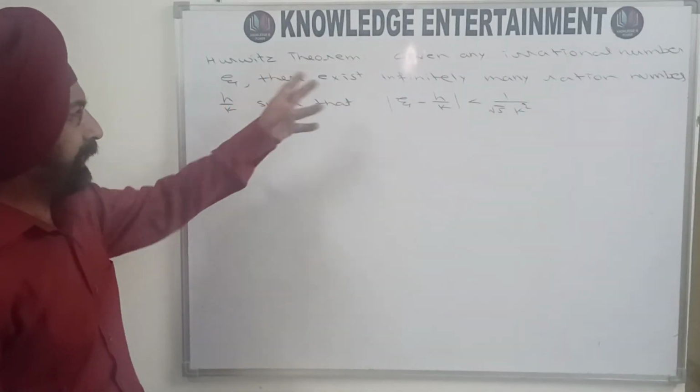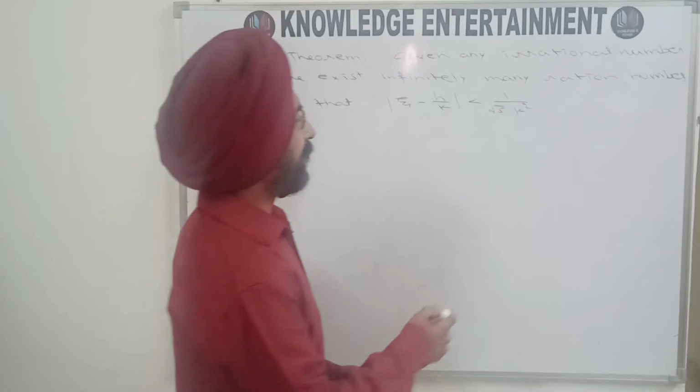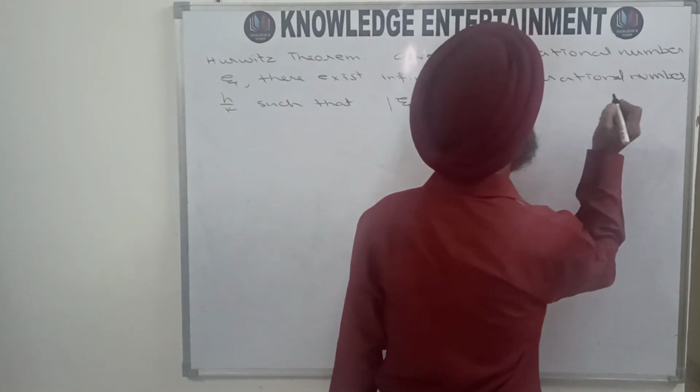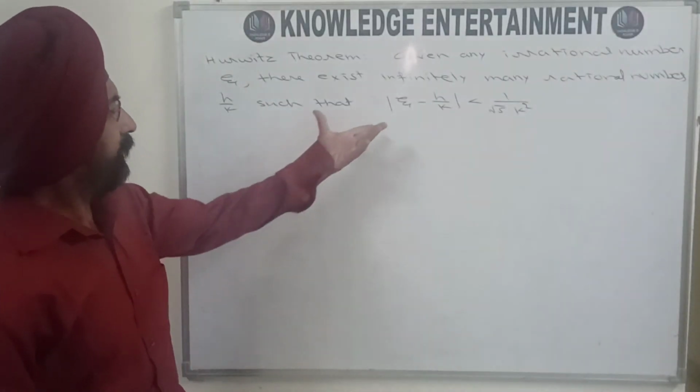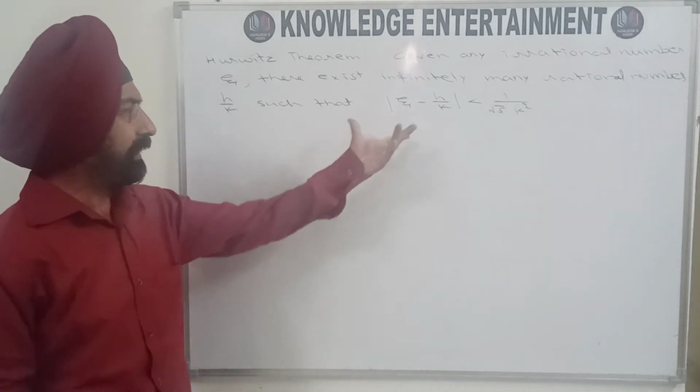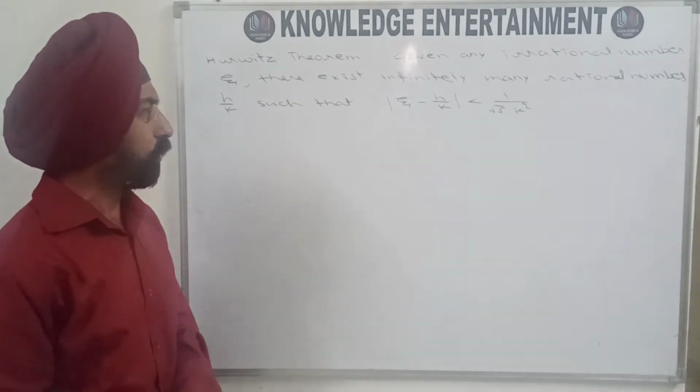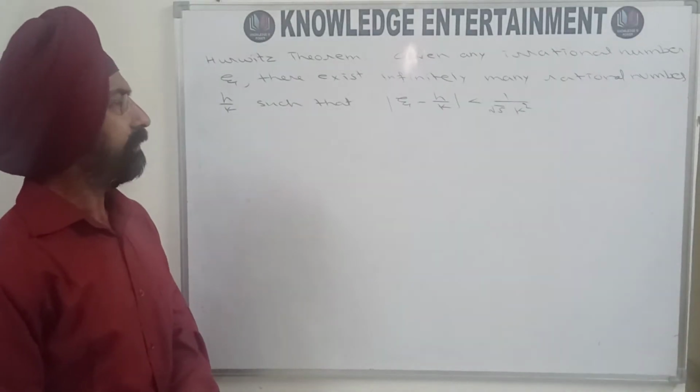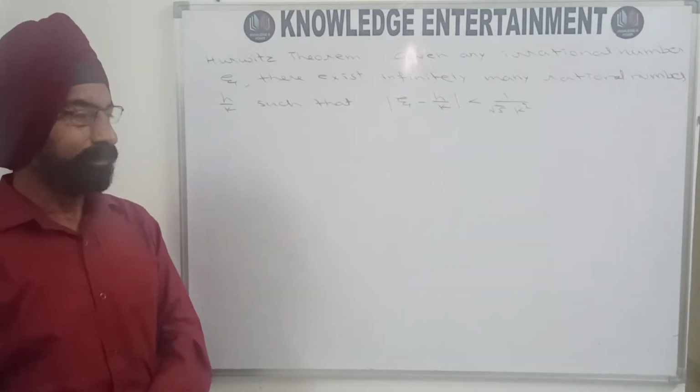There exist infinitely many rational numbers h upon k that satisfy mod of xi minus h upon k is strictly less than 1 upon root 5 k square.